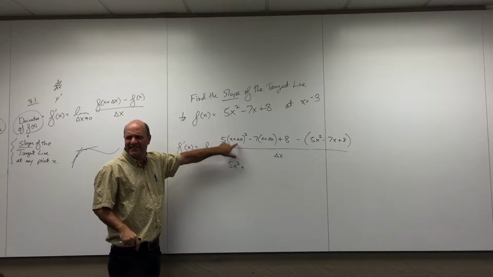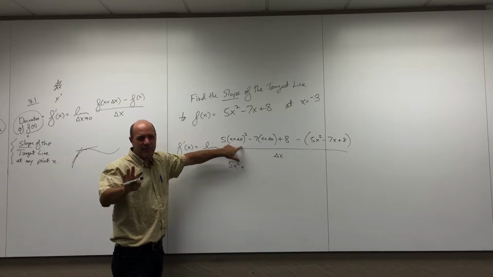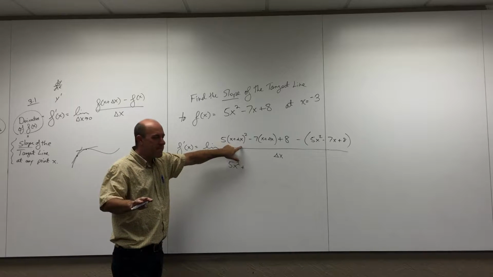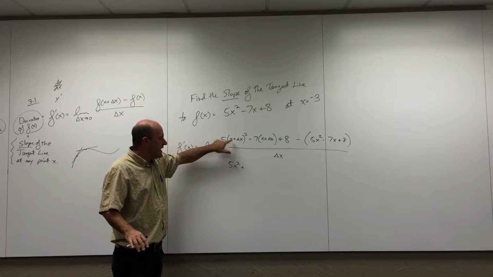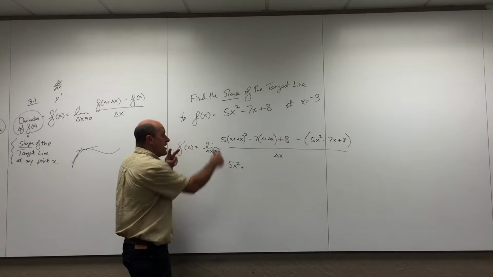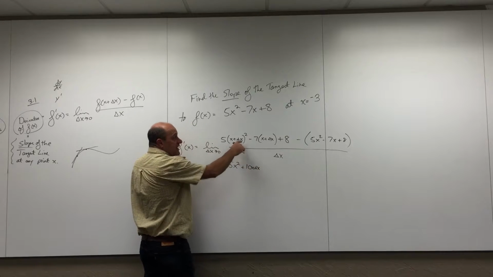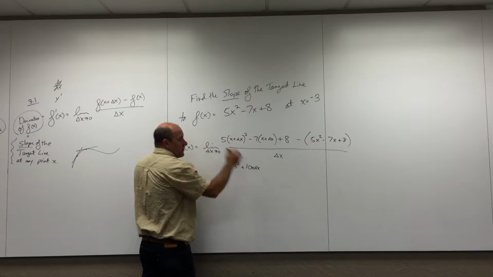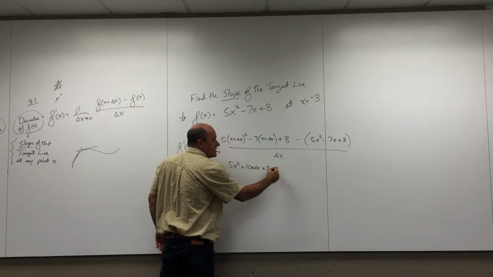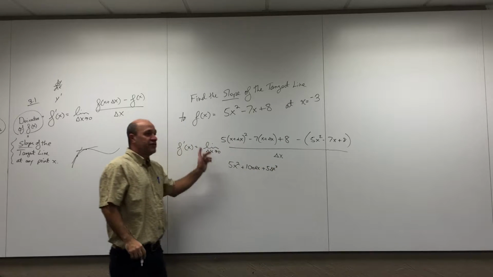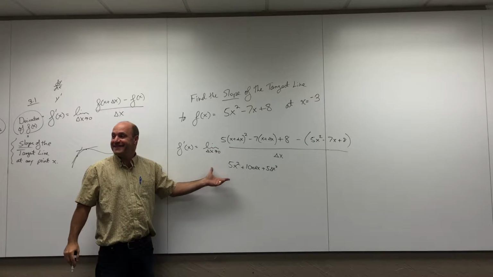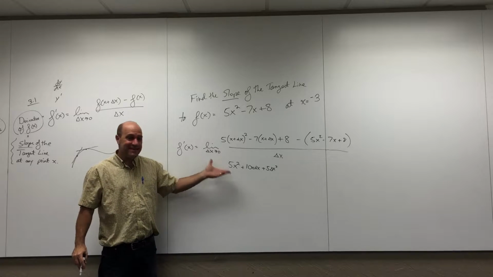I've tried to teach you that you treat that delta x like a separate variable. So you get an x times a delta x, you get 2 of them, then you multiply by 5, you get 10x delta x. Then you get a delta x squared, multiplied by 5. So I just foiled it out and distributed the 5, all in my little head.